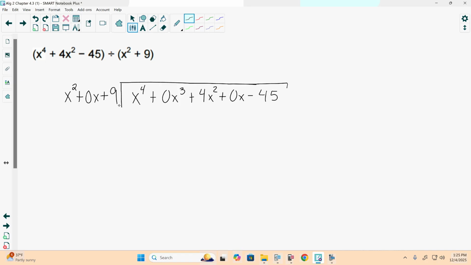Which kind of seems odd because, again, it is a degree 4, not a degree 5, so that should be one less step. But it's actually going to be a lot faster. Probably the fastest one we've done today.